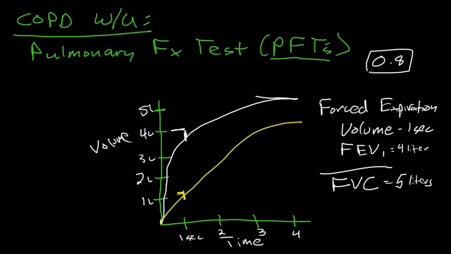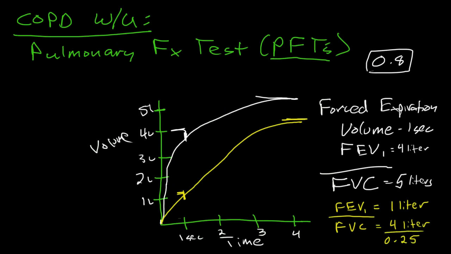So the FEV1 here for this person with obstruction is going to be about 1 liter. But the FVC is decreased, but not quite as much as the FEV1. So the forced vital capacity is going to be about 4 liters. Now, the FEV1 over FVC ratio is going to be about 0.25, which is horrible. And that's just because of the way that I drew the graph.